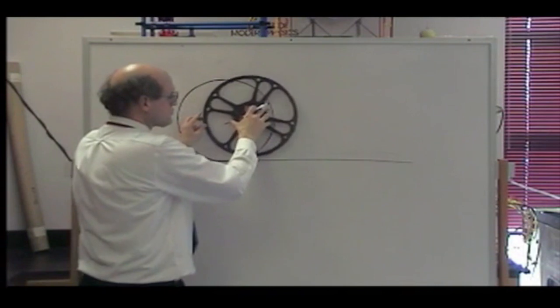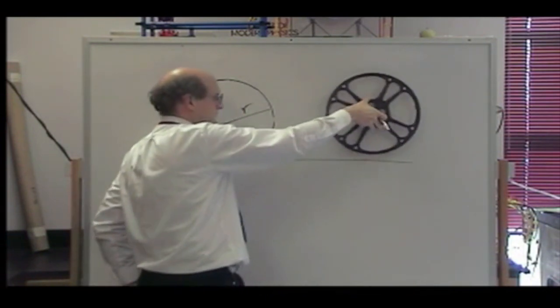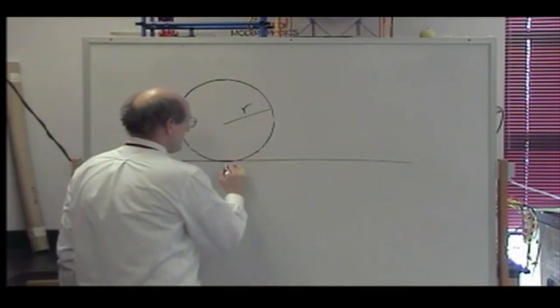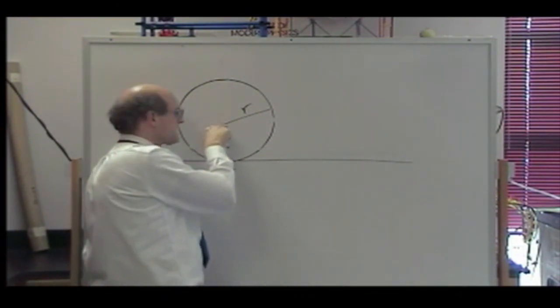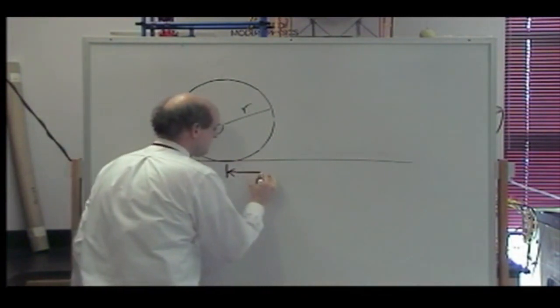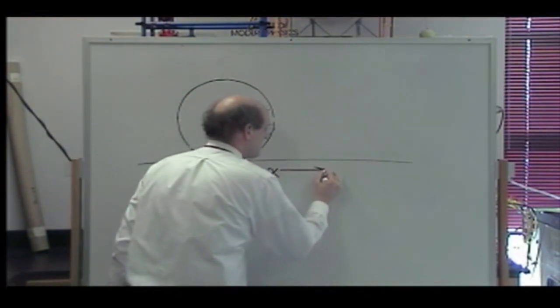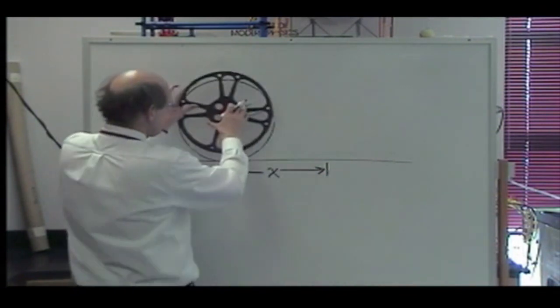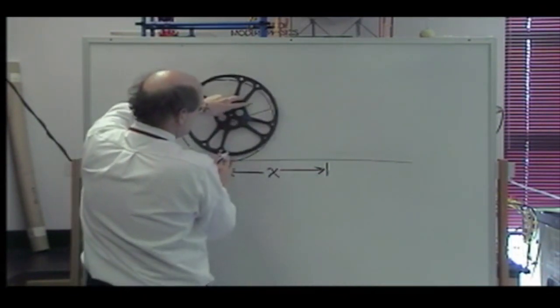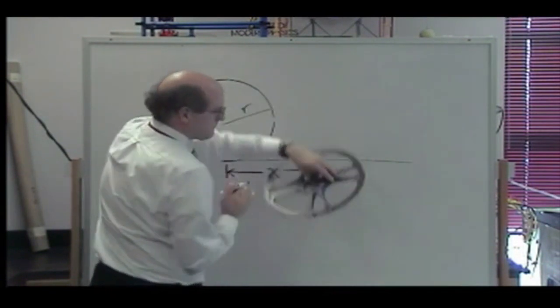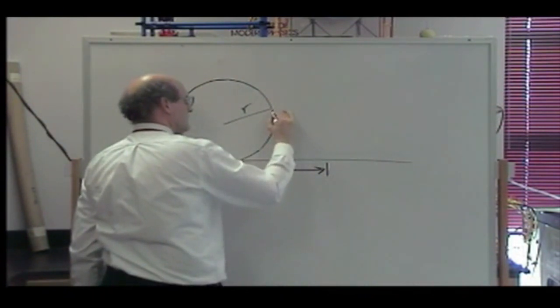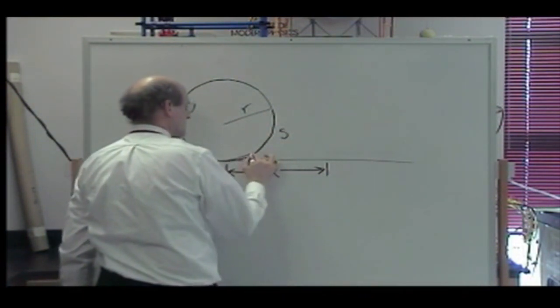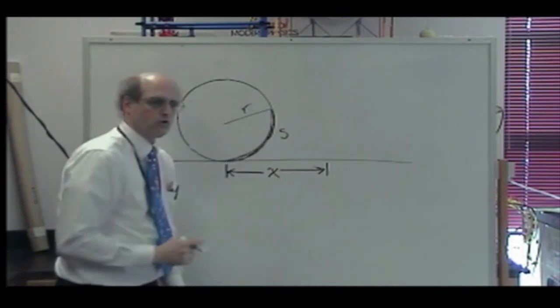A wheel rolls along a surface without slipping. The distance its center of mass, which is at the axle, travels, x, should be equal to the arc length, s, that was in contact with the surface as it rolled.